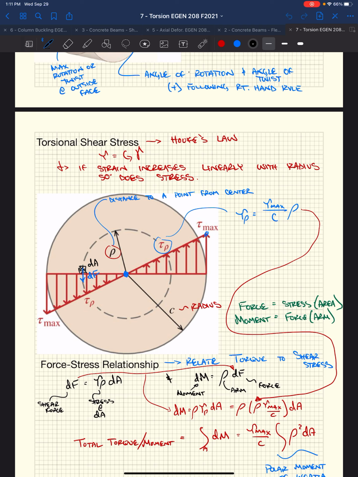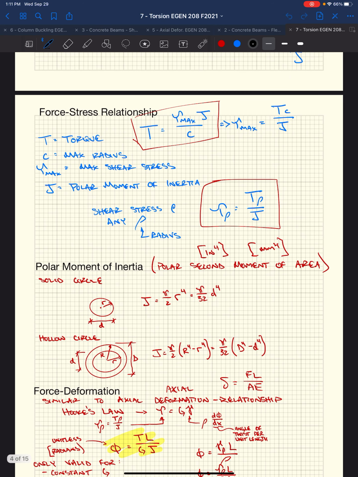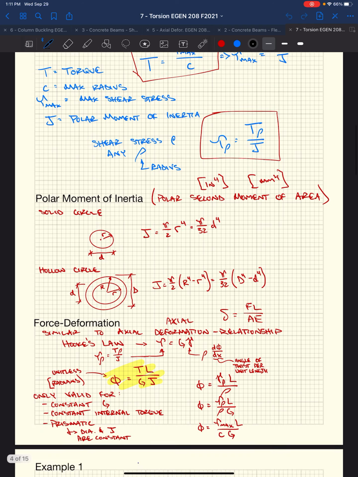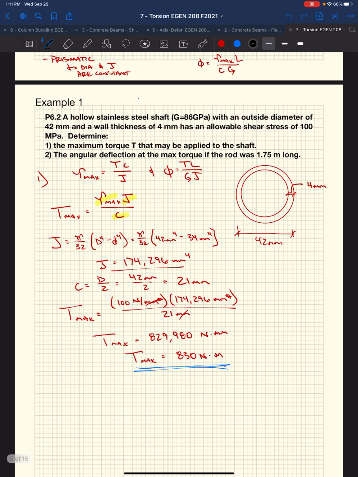So our max torque times this max radius, divided by the torsional stiffness, which we call the polar moment of inertia, or J, gives us our maximum shear stress. Tau max is T times C over J. We rearranged it and got our maximum torque related to our maximum stress, in this case an allowable stress. Making sure it followed all of our units, we get a maximum torque that can be applied to this pipe of 830 newton meters.